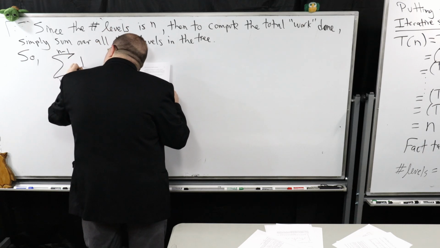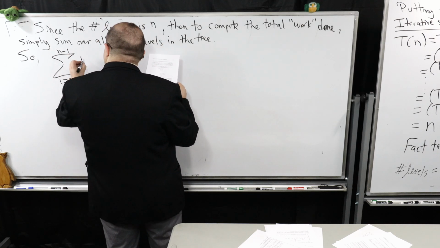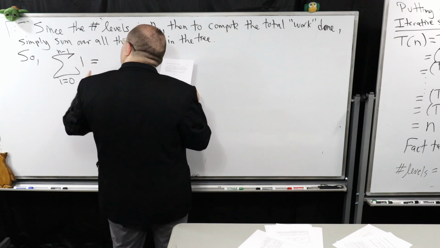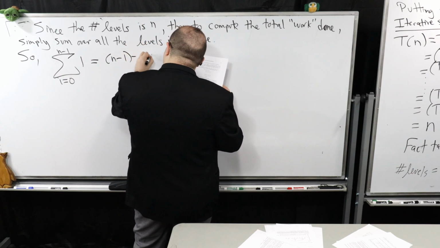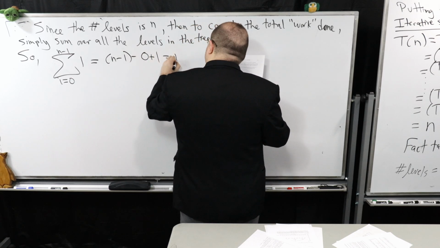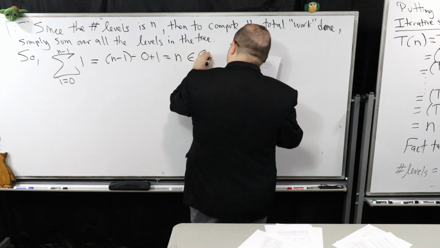At each one of the levels, I do one operation each time, some constant number of operations. I'm just going to apply the closed form that you know about: n minus 1 minus 0 plus 1, which is just n, which you know as big theta of n.